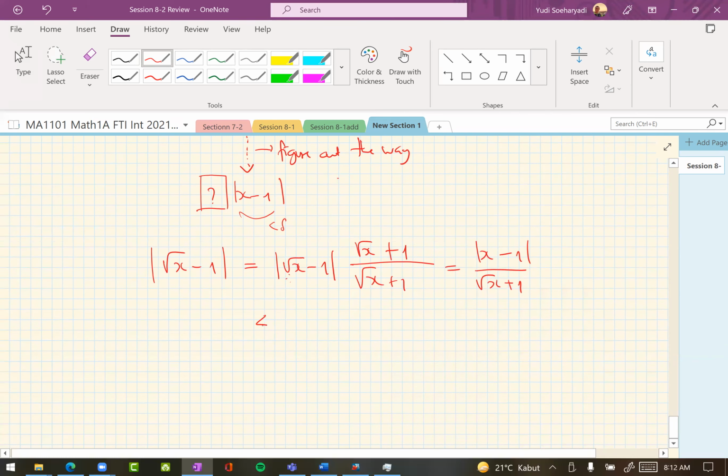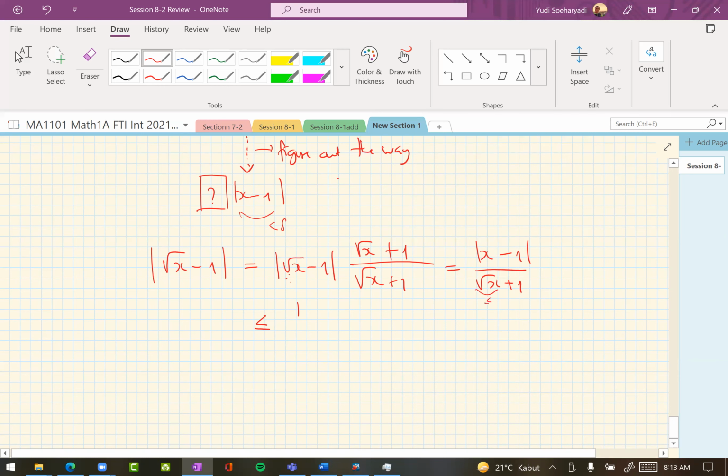All right, so then less than. Here, to make it bigger, you either make the numerator bigger or make the denominator smaller. Because the top is already x minus 1, you don't want to change that one. So instead, we make the denominator smaller.